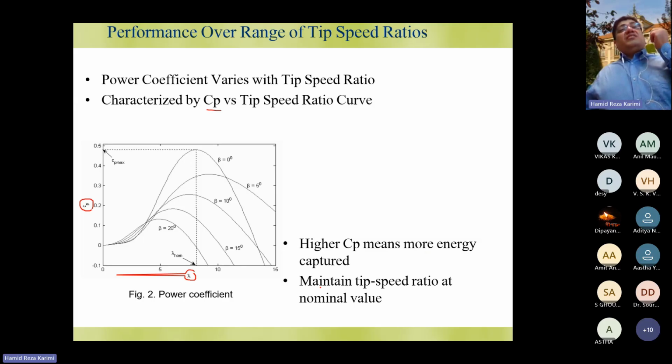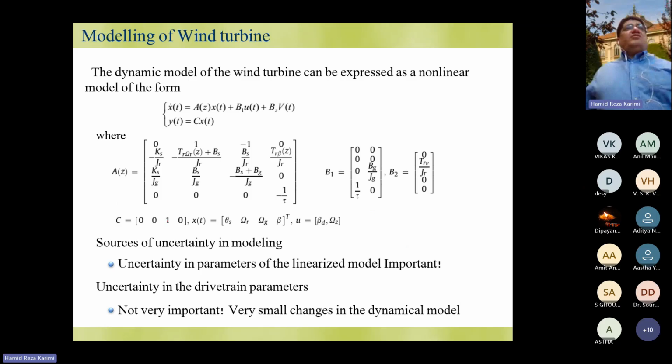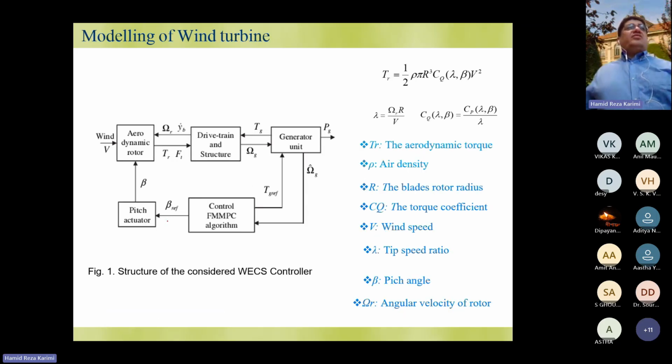If you want to maintain the tip speed ratio at the nominal value, you need to think about how to increase the CP, because if the CP increases, you can get more power from the turbine. Okay, so this was about the wind energy conversion system.